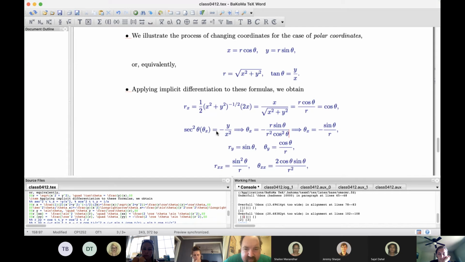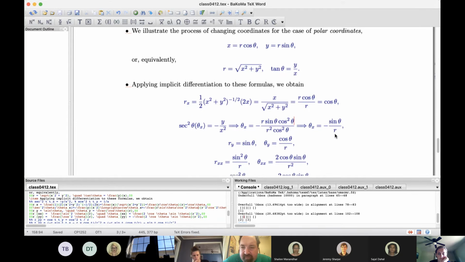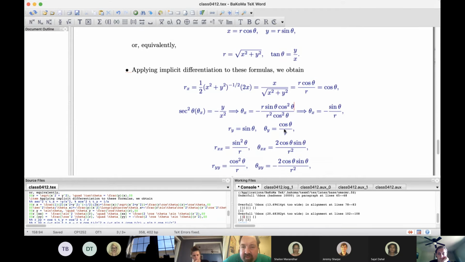And then secant squared theta over here on the left side becomes cosine squared theta in the numerator on the right side. And now I have a whole slew of things cancel, and I end up with d theta/dx is minus sine theta over r. And dr/dy and d theta/dy are worked out in a very similar fashion. That gives us this.